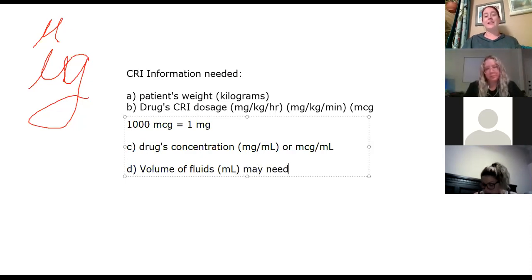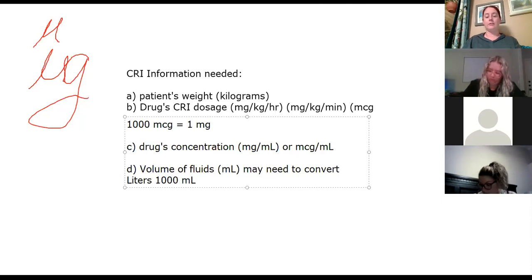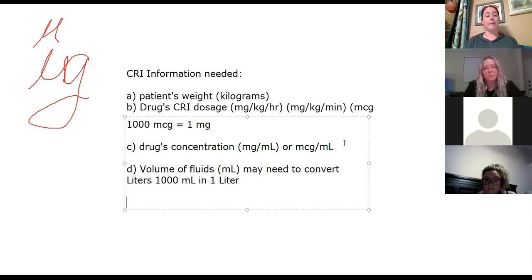So you may need to convert liters. And in that case, you know that it's 1,000 milliliters in 1 liter. So we would take our liters and divide by 1,000 to get to milliliters. No big deal. And then E, this is our last one.